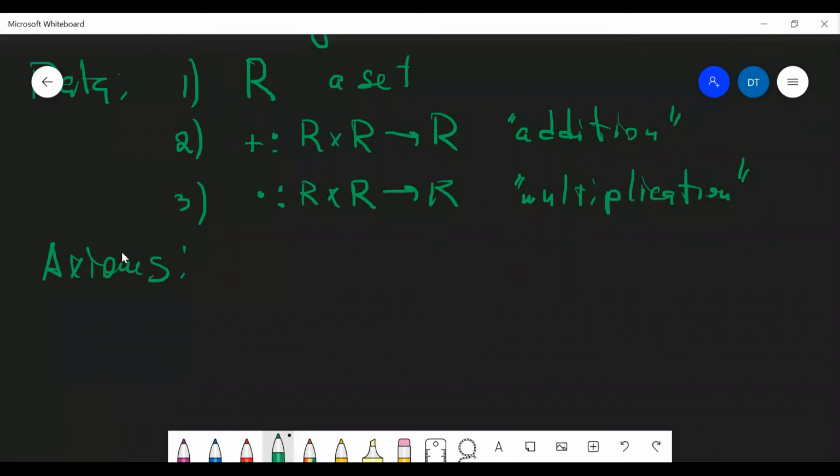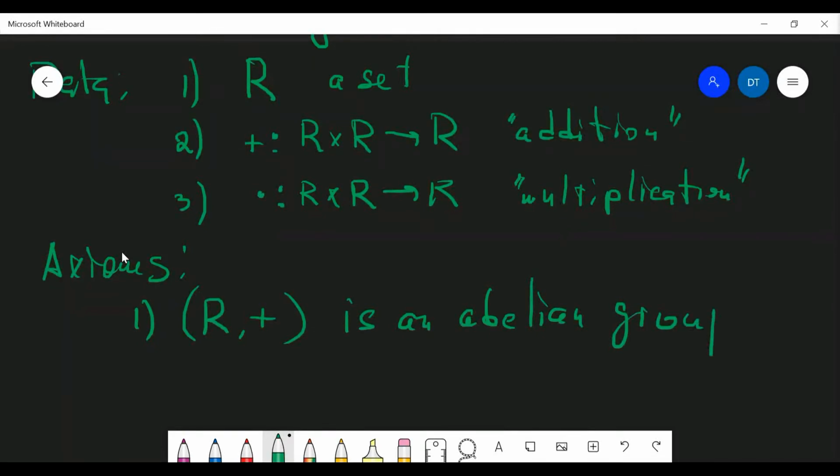So first of all, I want the set R with the operation plus to be an abelian group. There are 4 axioms here, as you may remember. The plus must be an associative operation. There must be a neutral element, which will be called 0.